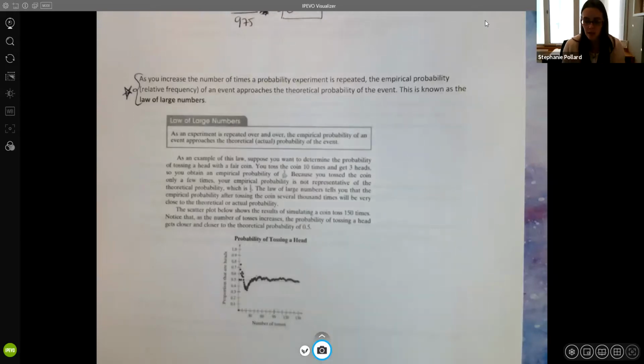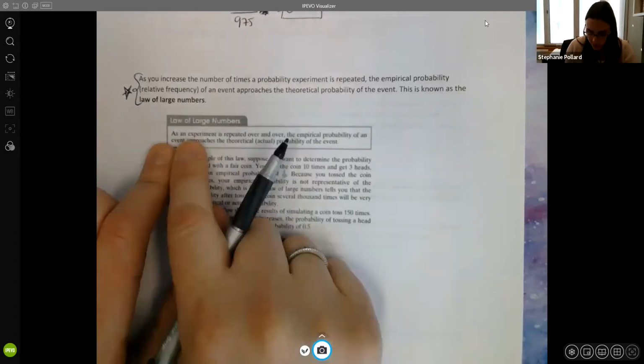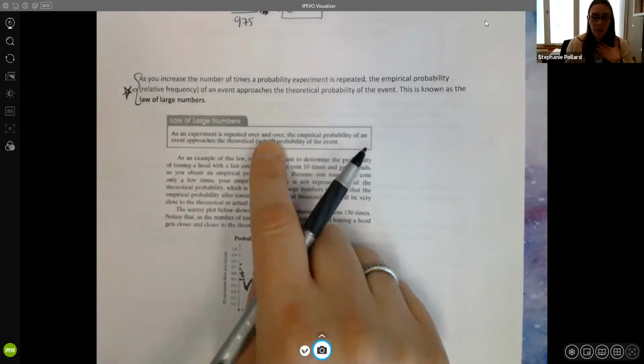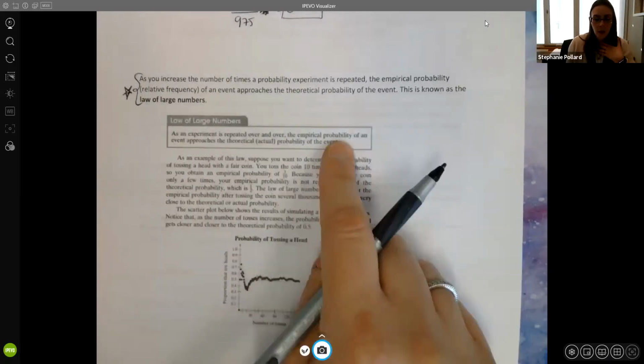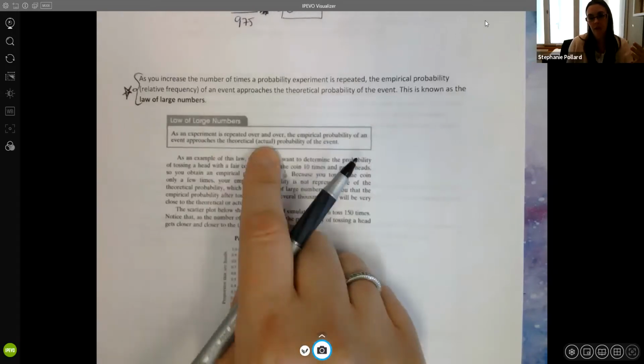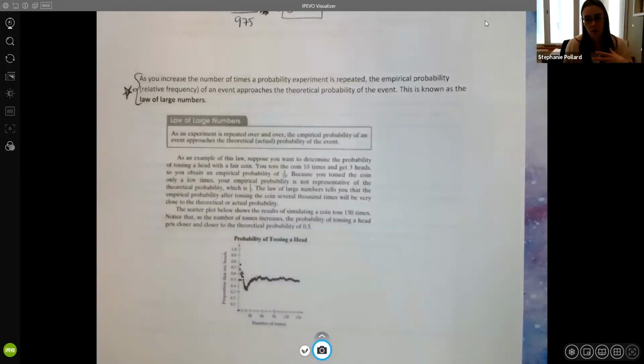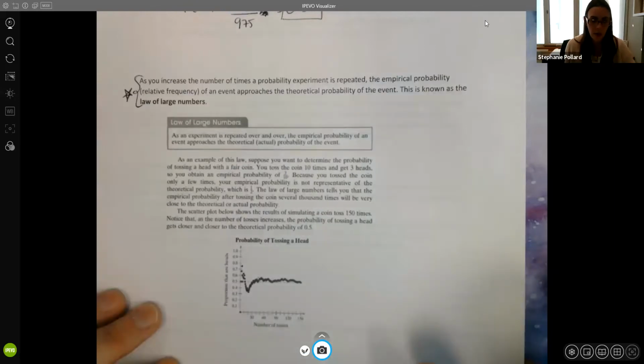So as an experiment is repeated over and over again, the empirical probability approaches the actual probability of the event. So as the sample size gets larger and larger, it starts getting closer to the population probability. So it becomes more of a true probability, not just based on a sample. This is called the law of large numbers.